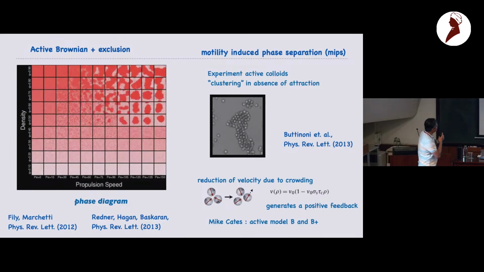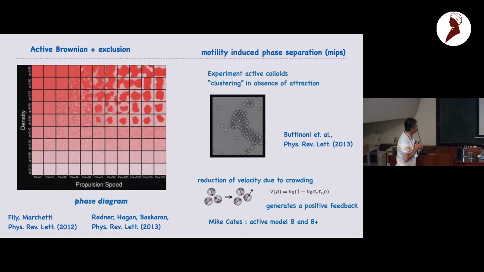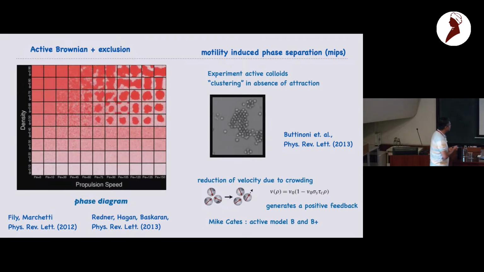If one takes active Brownian particles and just puts an exclusion interaction between them, so they don't attract each other, this was a surprising, interesting behavior at the time when it was discovered, around 2012 and 13.